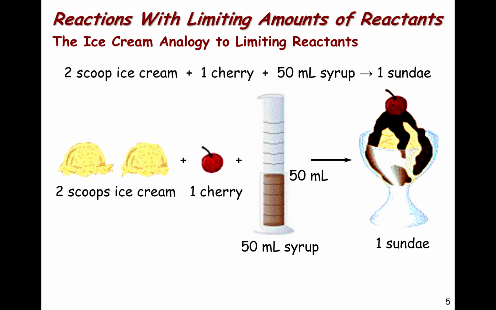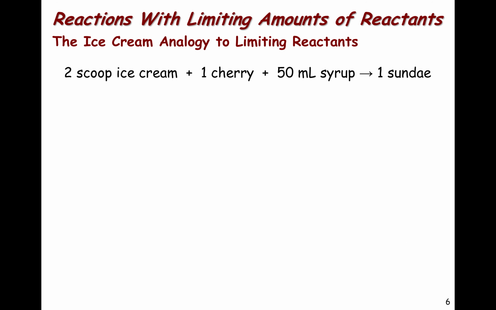So the stoichiometry for this reaction is 2 scoops for every 1 cherry, and combined with 50 milliliters of the syrup produces 1 sundae. This ratio would need to be maintained when we need to produce multiple numbers of sundaes.